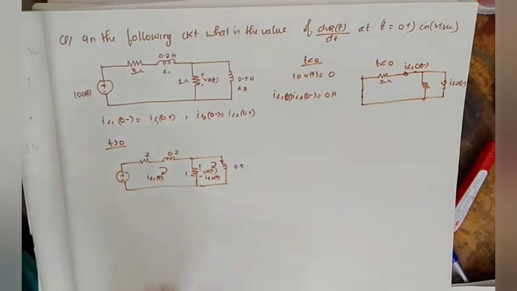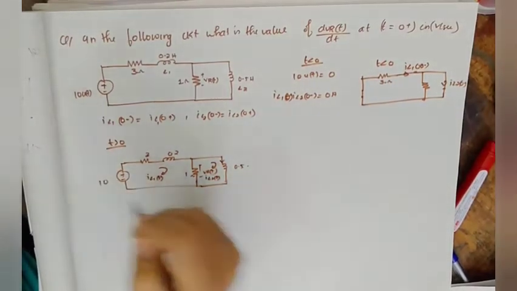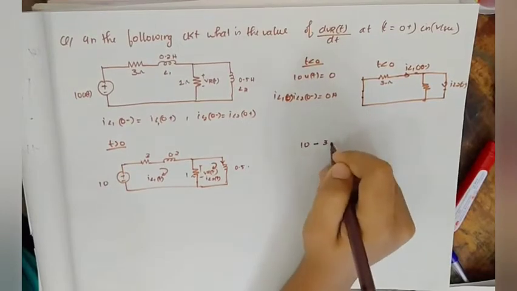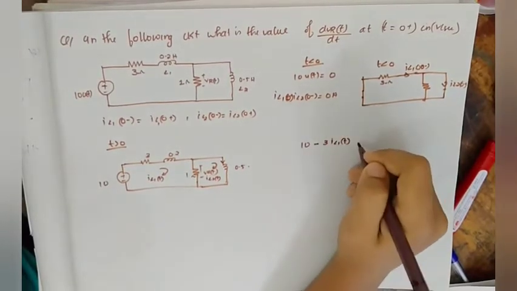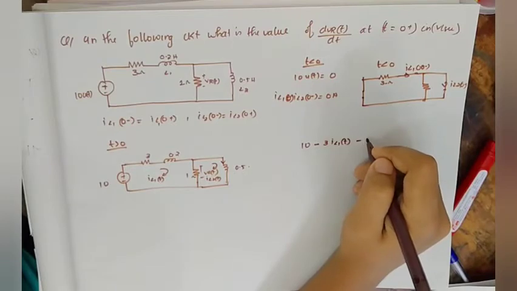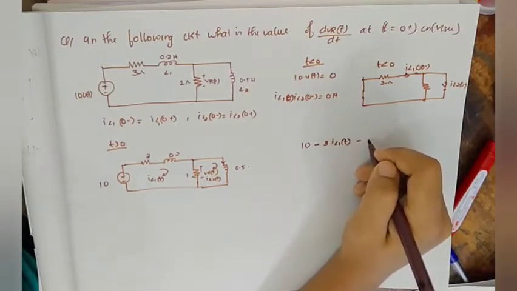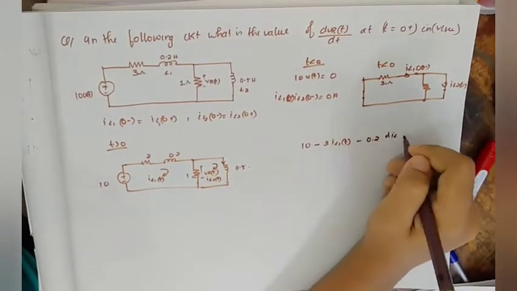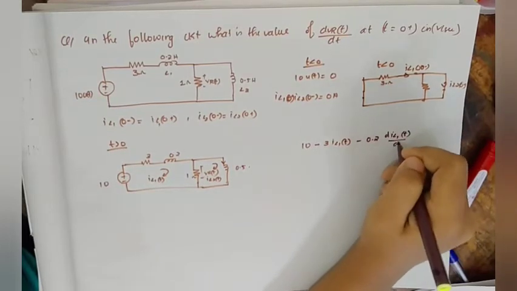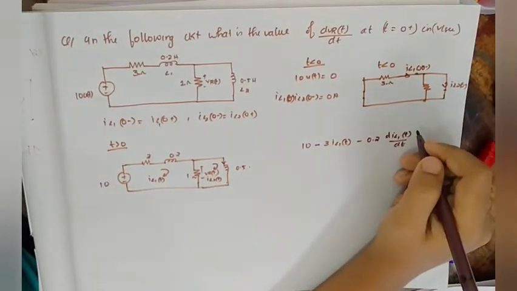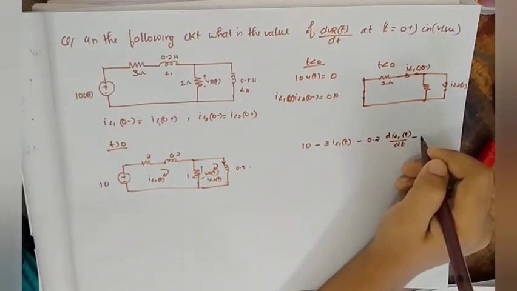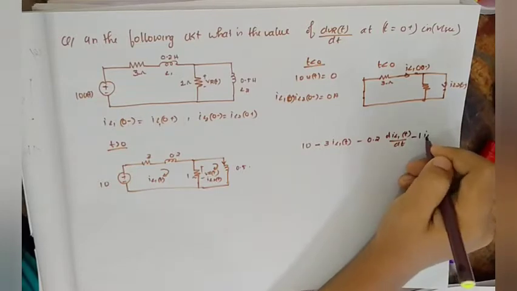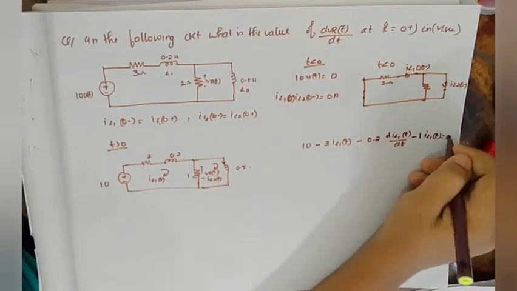I am going to write the mesh equation for the first mesh. This is 10 minus 3 into IL1 of t minus the voltage across the inductor, which is L into di by dt, that is 0.2 into dIL1 of t divided by dt, minus 1 into IL1 of t equal to 0.